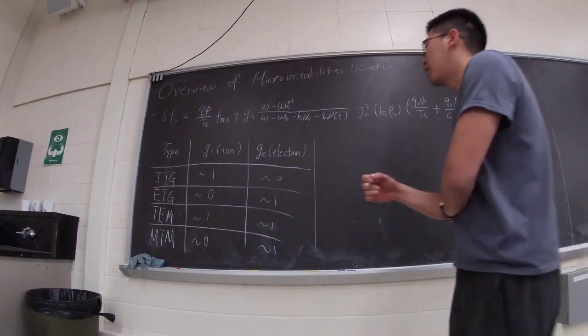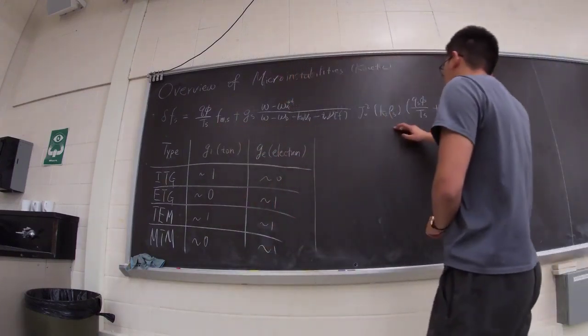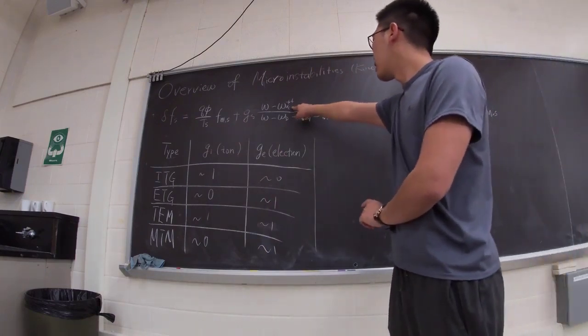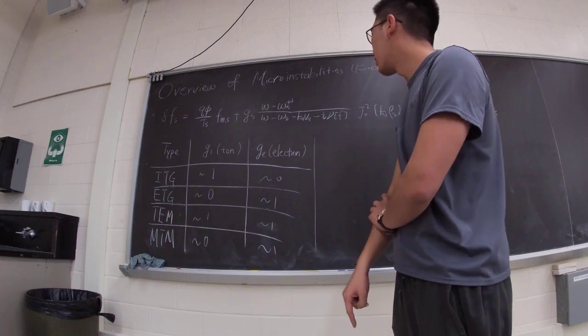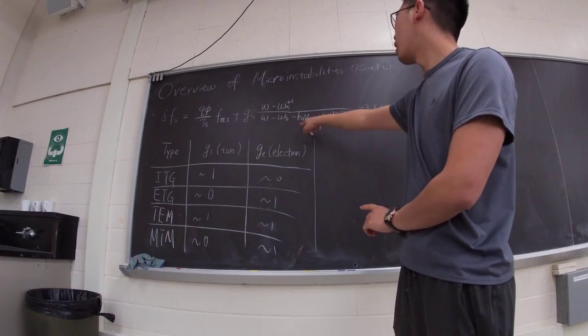distribution function. We have an adiabatic term and a non-adiabatic term, which has the total gradient drift term. D stands for drift frequency, and k parallel over v parallel.